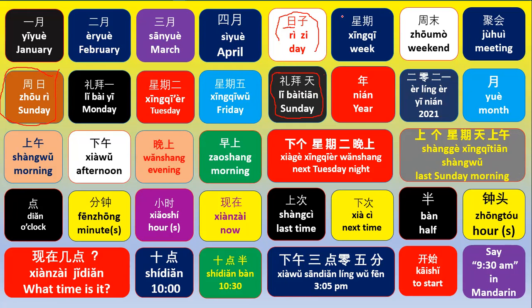So we take week, 星期, and then we put 天 like this. That's the most popular way. Any more questions? If there are no questions, that's fine. How do we say month?